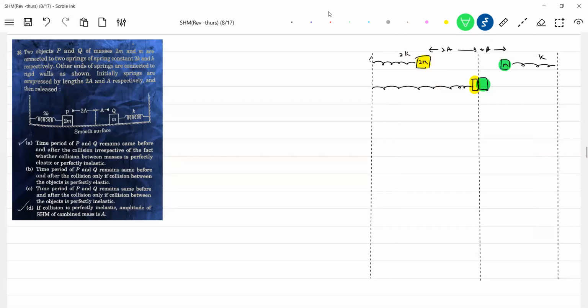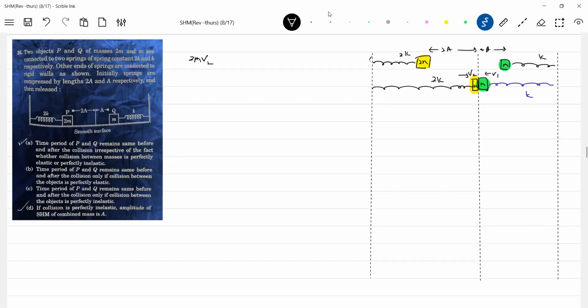Okay, they will have velocity. Directly, if you're able to imagine, well and good. So this will have velocity, say v2. They'll collide. So if the elastic collision, right after impact, how the velocities of the block will be. If the perfect inelastic collision, then what will happen?